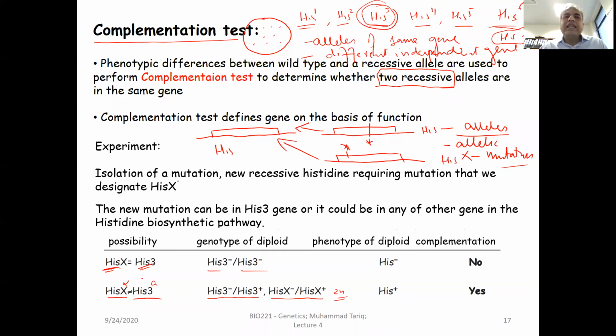So his 3 is contributing a wild type copy of his X, and his X is contributing a wild type copy of his 3. So the phenotype will be his plus. And what will we say? We will say his 3 and his X are complementing each other.